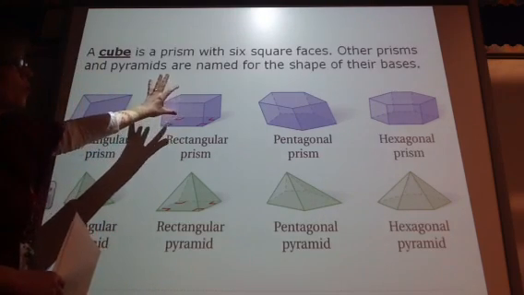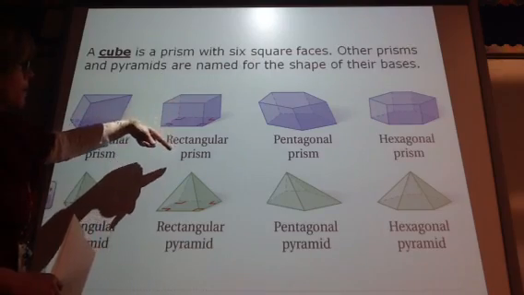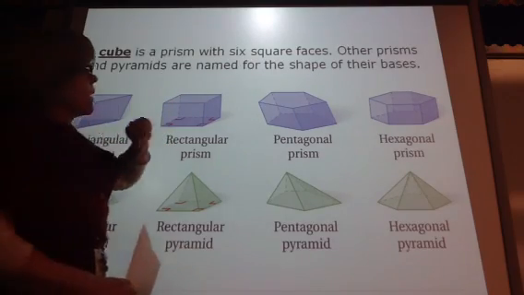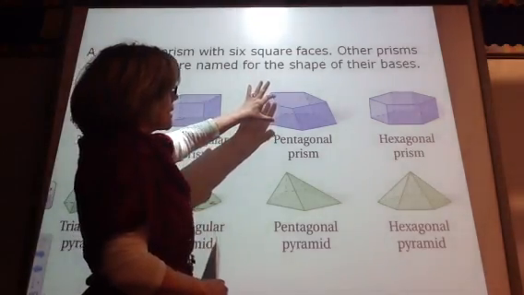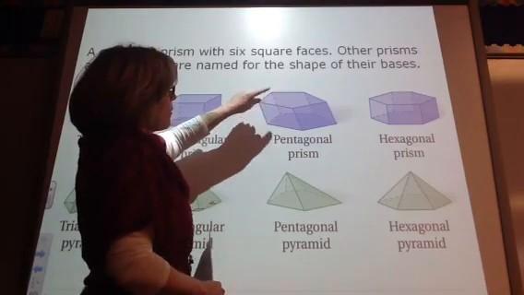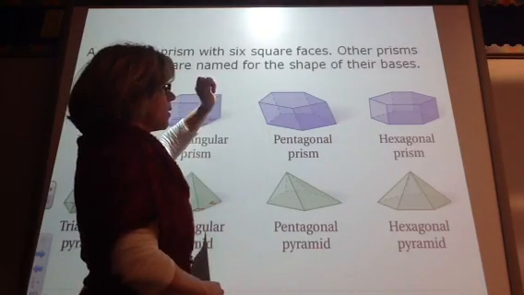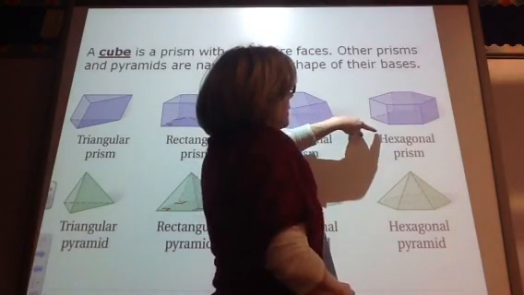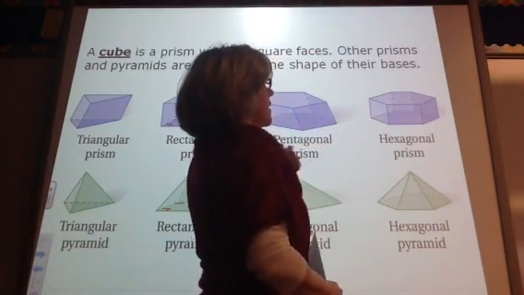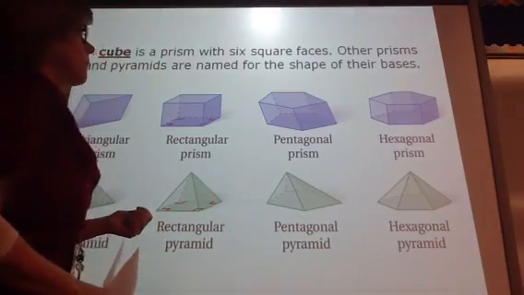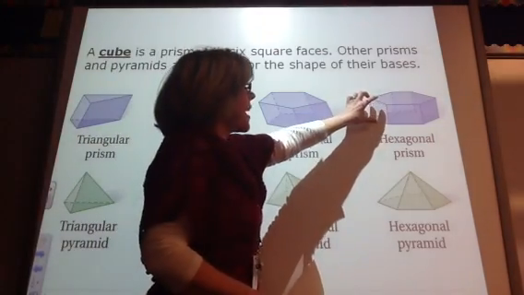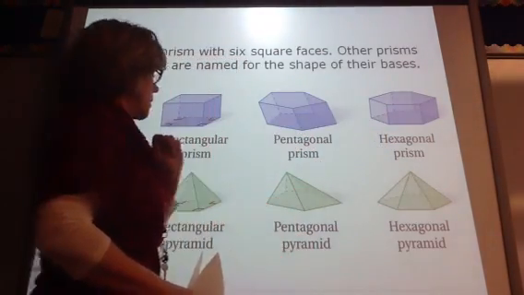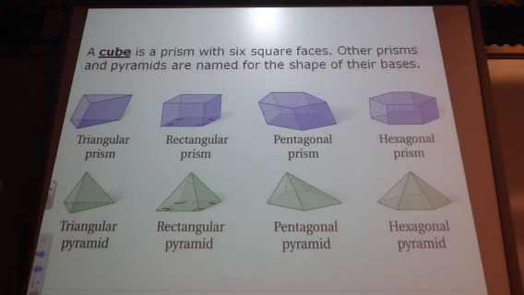So your 2 rectangles are your parallel bases, so that's a rectangular prism. You have 2 pentagons and then 5 rectangles, so this is a pentagonal prism. You have 2 hexagons and then you have 6 rectangles, so that's a hexagonal prism. You know the base is the hexagons because your rectangular faces, they're not parallel, they're intersecting.